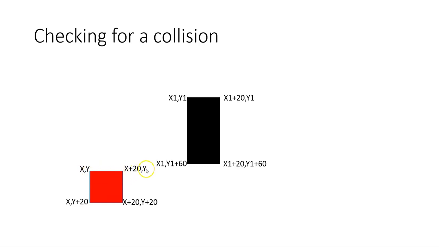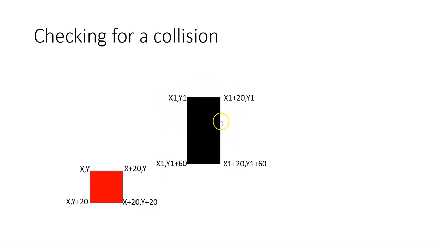The y coordinate is the same, so it'll be y0. Down here x will be 0 because it's the same x position as the top of the square, but now the y is plus 20 because that's the length of our square, and then over here bottom right is x plus 20 and y plus 20.